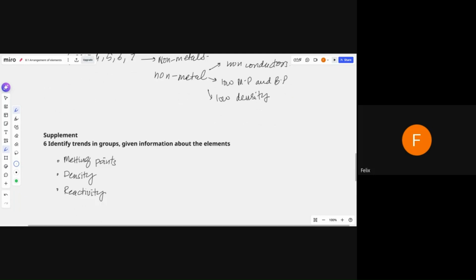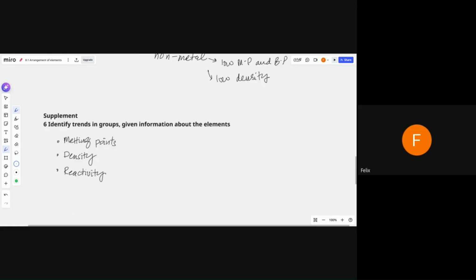You need to know three types of properties: melting points, density, and reactivity. These are the properties that we should know. The first one is melting points.